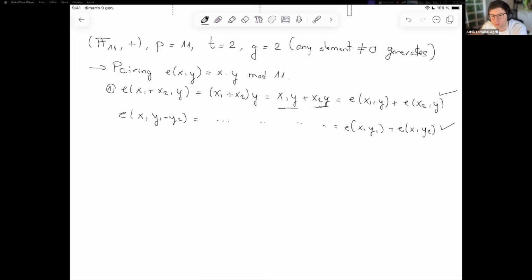Is it necessary for pairings to hold the distributive property over addition? Yeah. Actually, this is provided by the fact that, if you remember, a pairing is an application that takes two elements from G and outputs an element of GT.